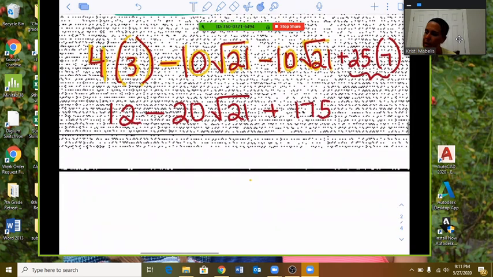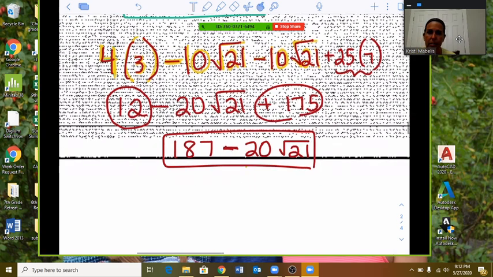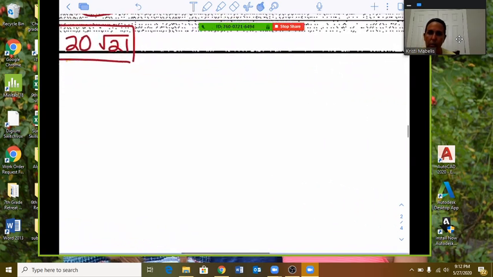And finally, you're going to add your integers. So 12 and 175 is 187 minus 20 radical 21. The 21, by the way, in the radical, that cannot be broken down at all, so we know that we were done. Okay? If you guys get something like this on your homework sheet, which you will, okay?